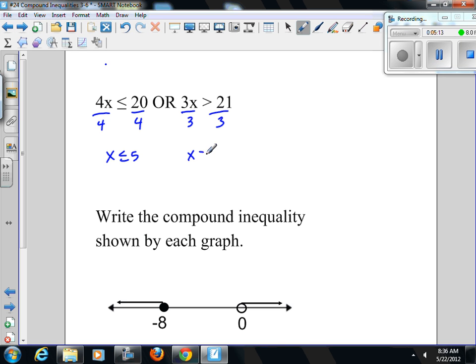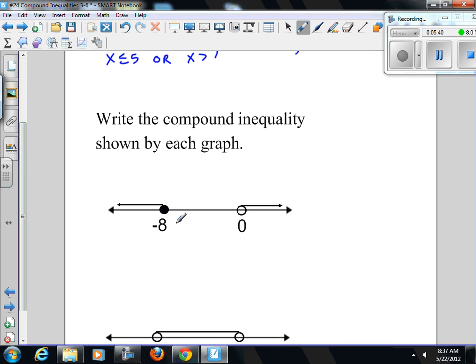And I have x is greater than 7. And just put an or in between them. Graph both of those answers on the same number line. So we have 5 and we have 7. X is less than or equal to 5 is a closed dot on 5 with an arrow going to the left. And x greater than 7 is an open dot on 7 with the arrow going to the right.